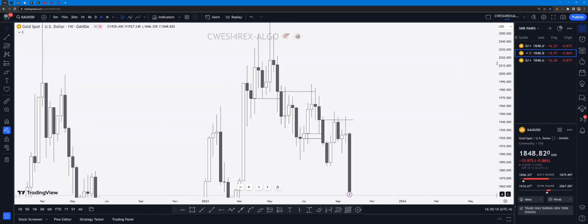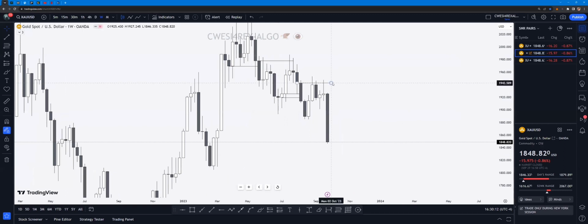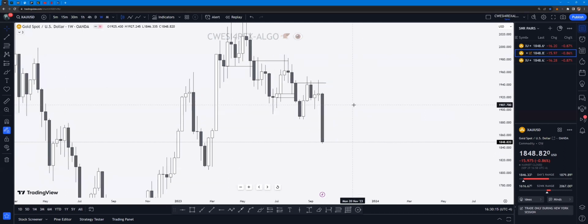All right, so let's continue. So we have some rules for storyline. Rule number one is price goes from fresh to fresh. So always look for fresh levels. Fresh resistance to fresh support, from fresh support to fresh resistance.